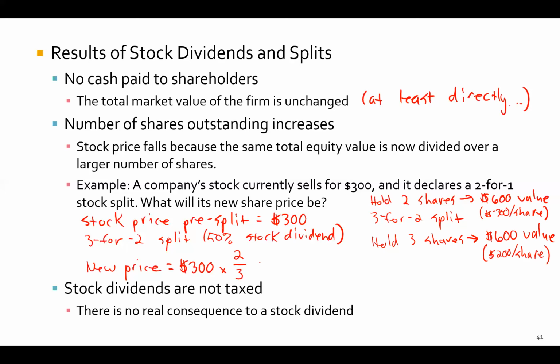So the price after the split would have to be $200, because every 2 shares became 3, and those 3 shares still have to sell for the same amount the 2 shares did previously, because nothing else changed about the firm.